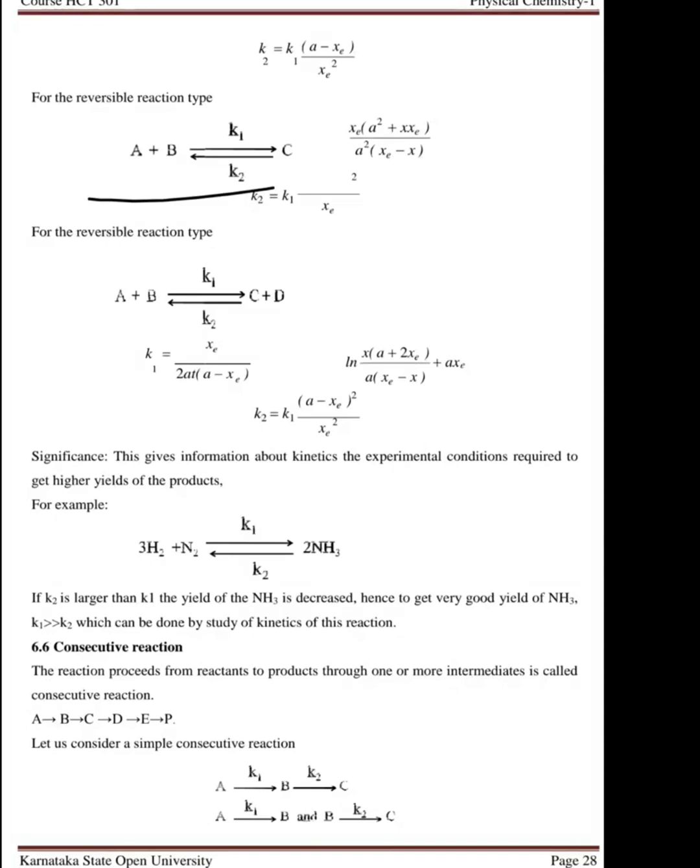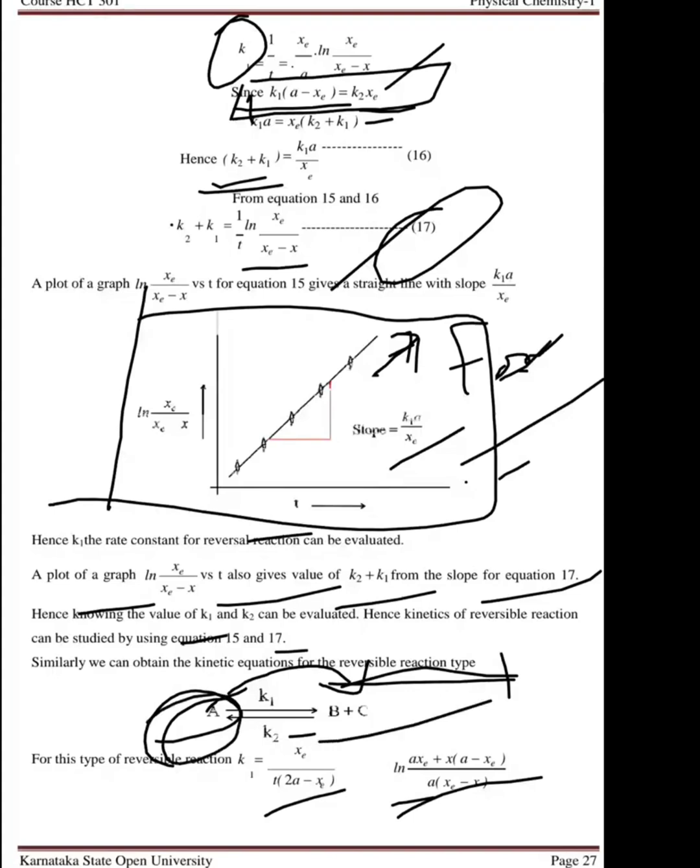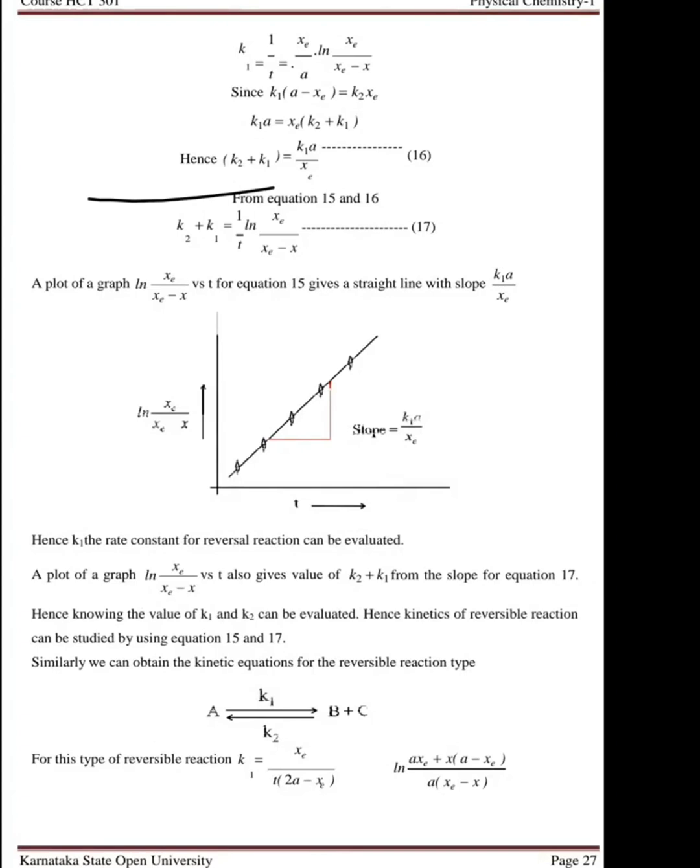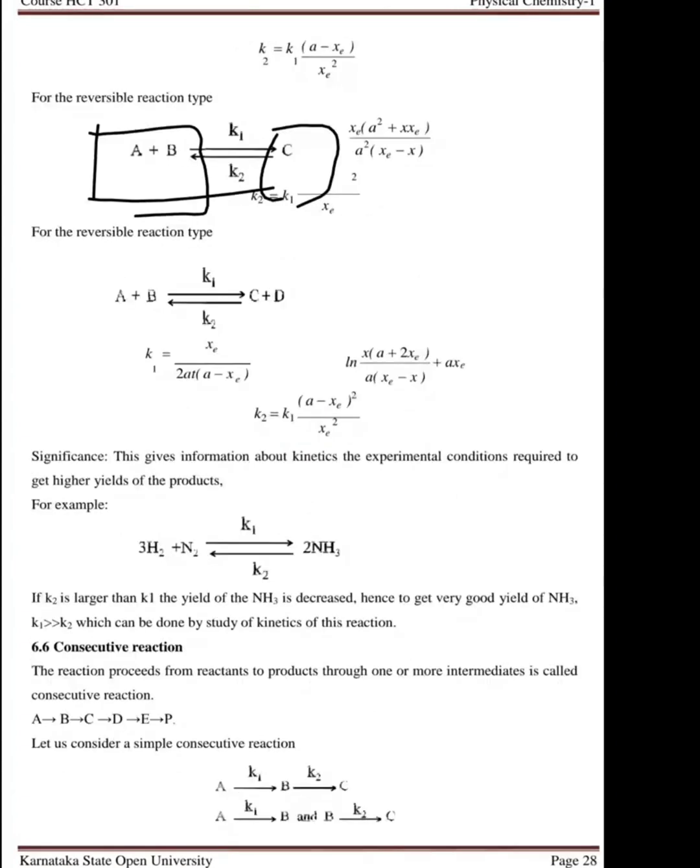See, for different reactions: here one reactant is taken forming two products, and for this other one we are taking two reactants forming only one product. For this it can be written as K2 is equal to K1 into Xc by this one; this should come here in the numerator, divided by Xc.